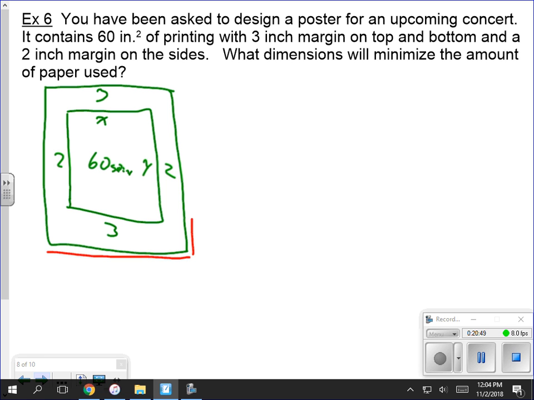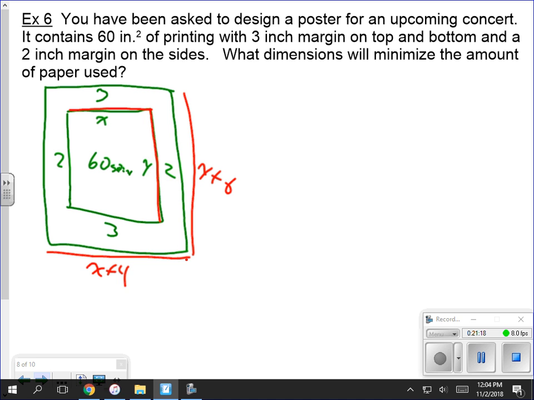So what I want to do is minimize this times that. The length across the bottom, if that's x, would be x plus 4, right? Because I've got x here, and then 2 inches on each side. The dimension for the height would be y plus 6, because I've got this.